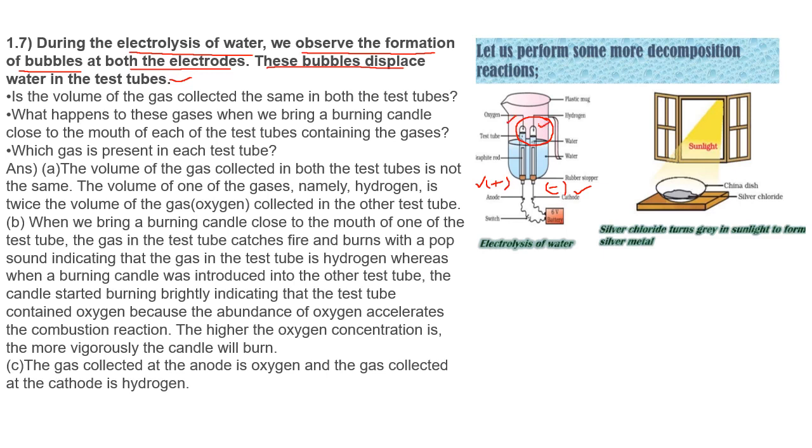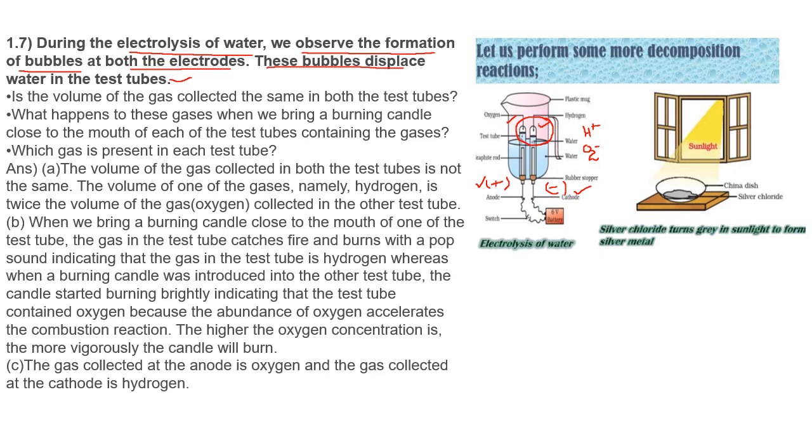Clear? So why is hydrogen going towards the cathode? Because when water breaks, hydrogen H plus ion is formed, and the other ion will be O2 negative oxide, right? That is why hydrogen is moving towards the cathode, which is negatively charged electrode, and oxygen will move towards the anode, which is a positive charge electrode, right?